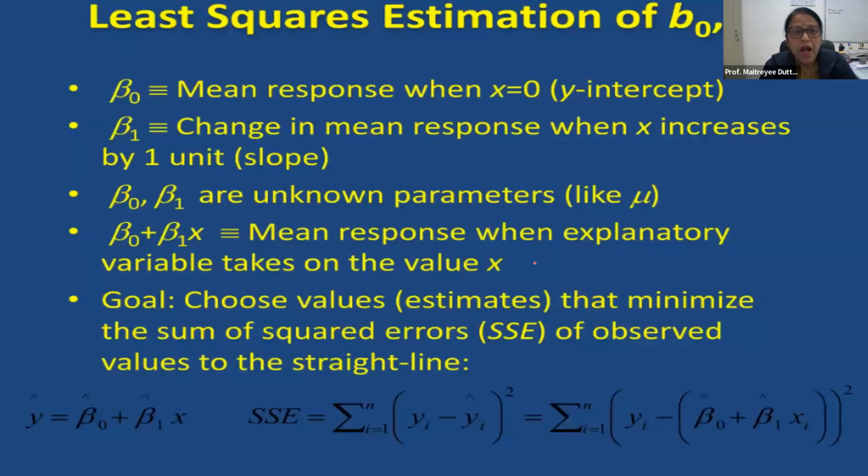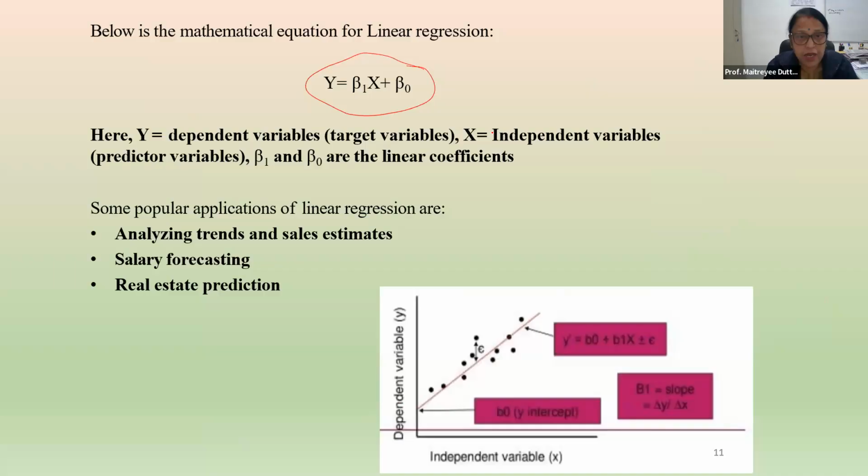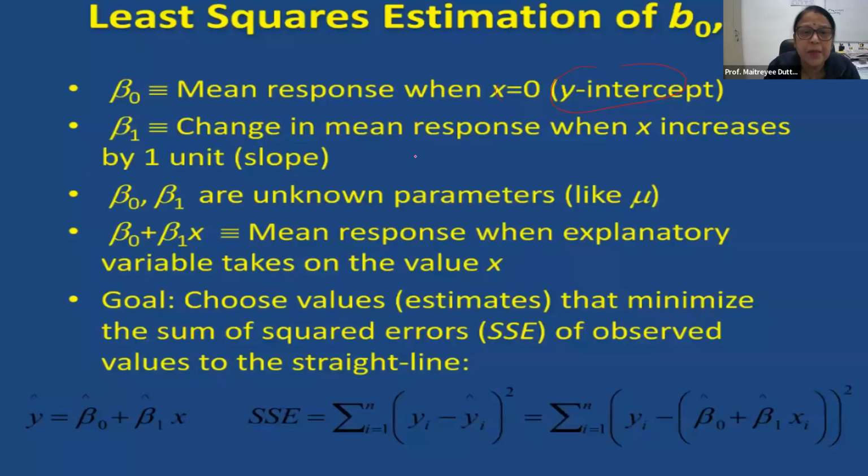Now how to find out? Beta naught, as I have told, is the mean response when x is equal to 0. That means the y-intercept. Beta naught is your intercept and beta 1 is your slope, right?